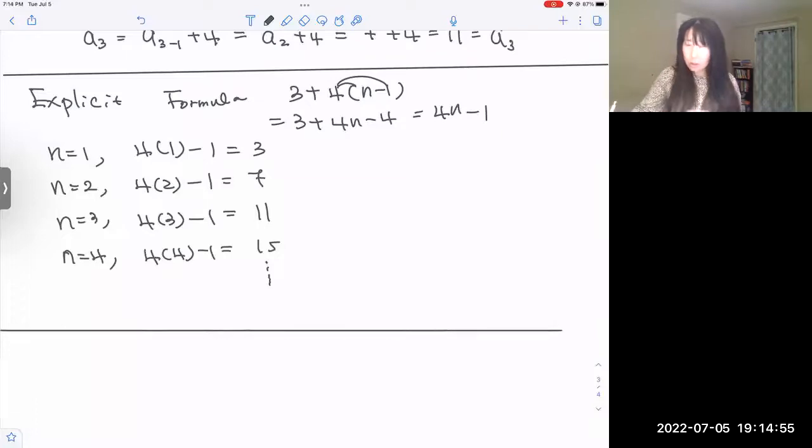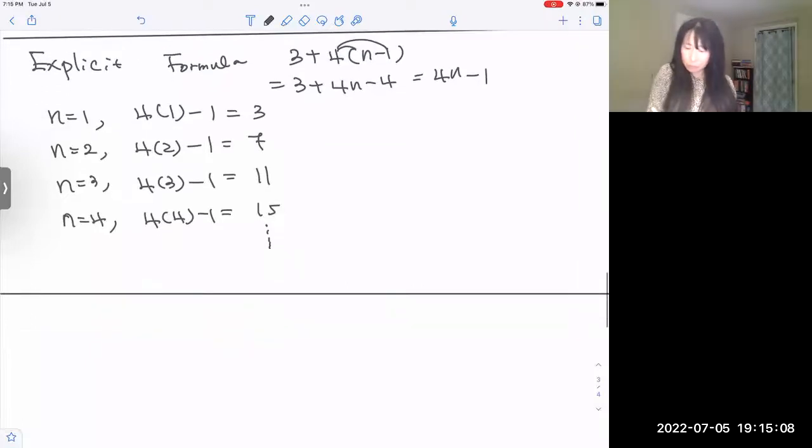And that one was about what is called an arithmetic sequence. So arithmetic, like plus or minus. Okay, geometric sequence.